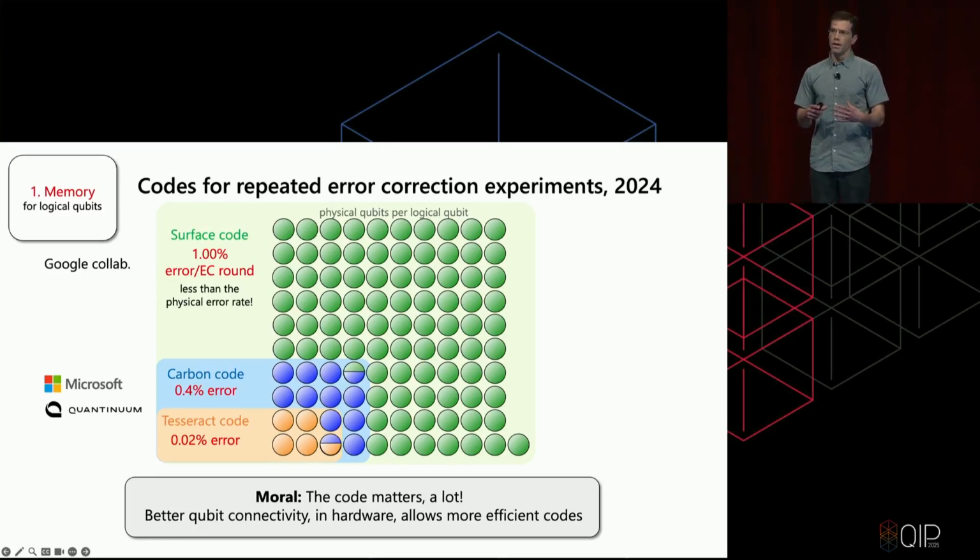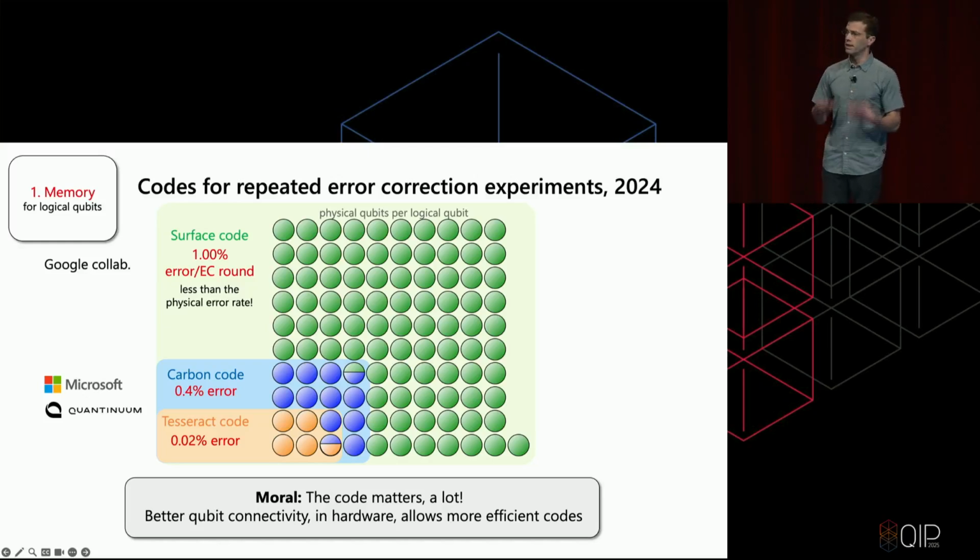And additionally, the reason we're able to use that innovation is because of the flexibility, the full connectivity of the trapped ion and neutral atom qubit devices. They allow us to experiment with these different codes that require higher connectivity than just the surface code.